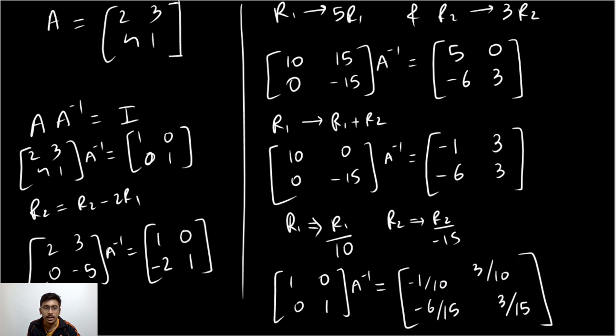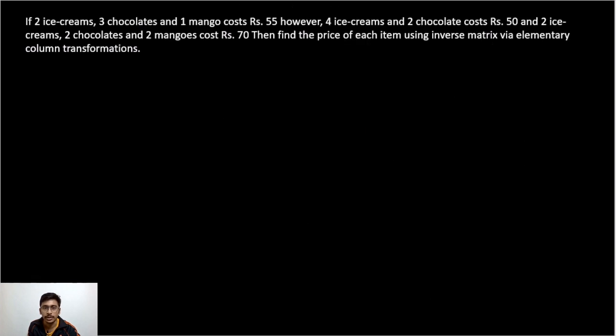Okay, let's do one more question over here. This is a bit bigger question because it has 3 variables now. It is quite possible that instead of doing simultaneous equations, our inverse method would become easier. Let's do this one. Let's say you have got 2 ice creams, 3 chocolates and 1 mango.